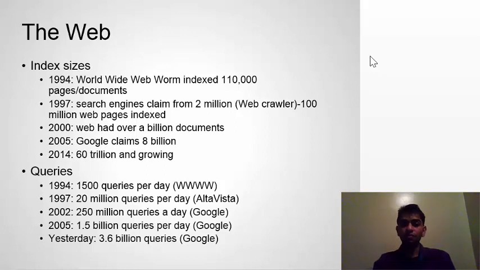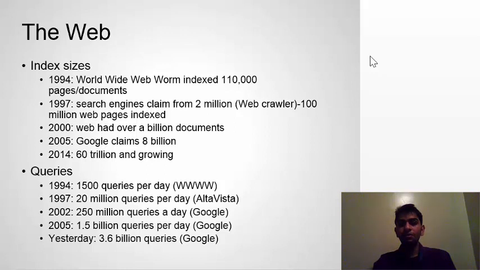Google in 2005 had indexed over 8 billion web pages. Until now, Google had indexed over 60 trillion web pages and counting. The size of the index grows as the search grows. If the user demands more than what is available, then there's a need to get more.